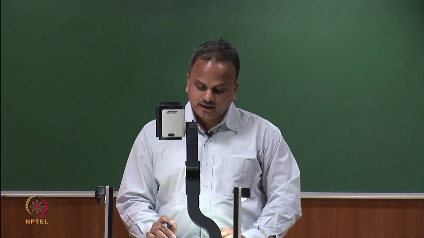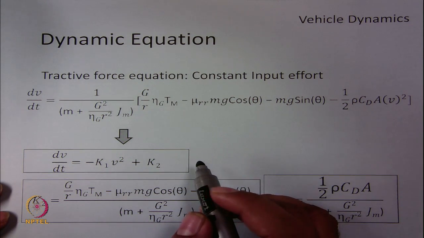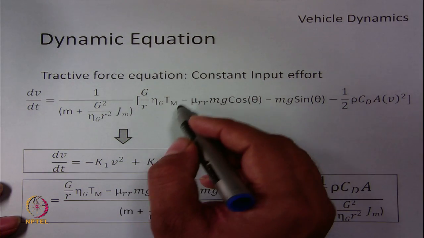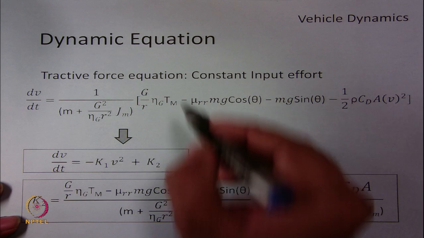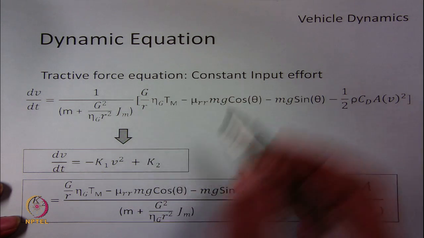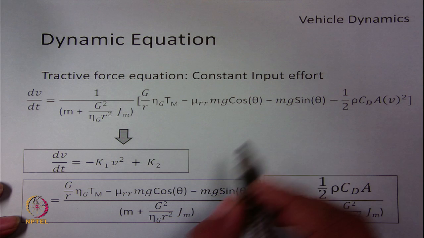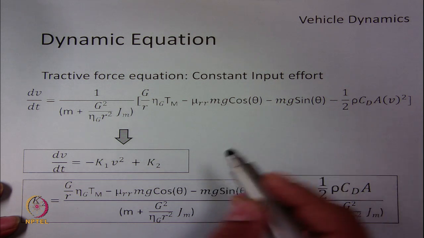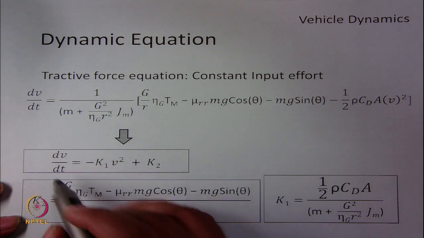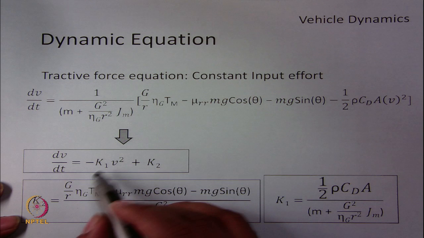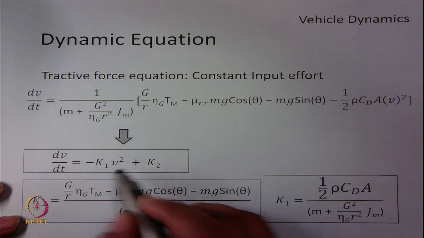So, when we are operating at constant FTE, the Tm will also be constant, and this whole equation can be written in terms of some simple constants. So, dV by dt can be written as minus k1 v square plus k2.